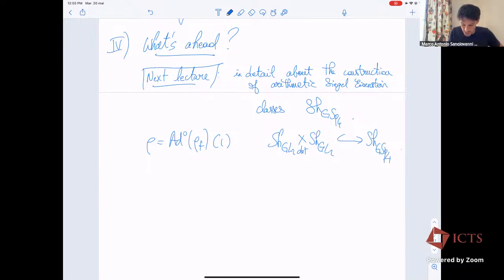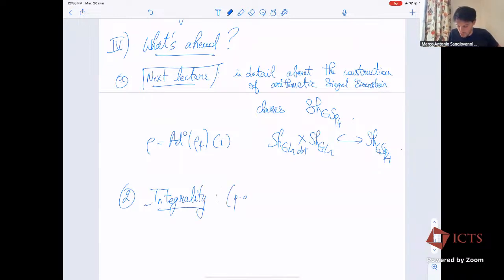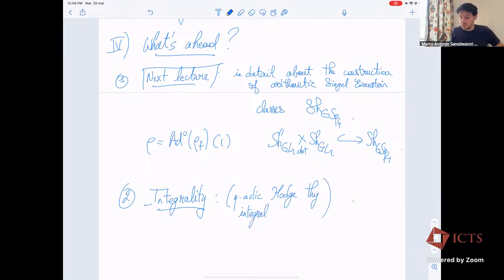So in 2 days, so the lecture after this one, I will talk at length about integrality. So this will be the most technical talk. This will be really about p-adic Hodge theory, and more precisely integral p-adic Hodge theory.